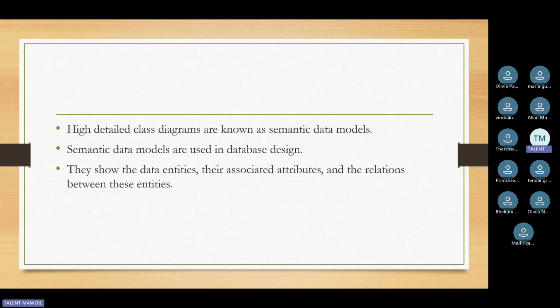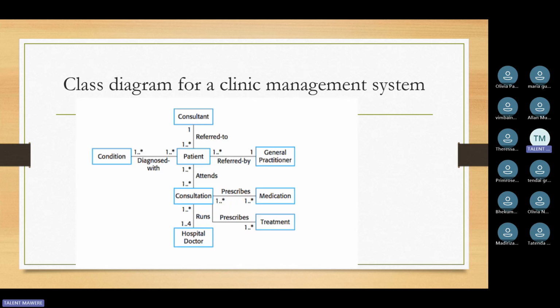They are used primarily in database design. Why? They show us entities, their associated attributes, and the relationships between these entities. So class diagrams are mainly used to construct a database, the database tables that should be in our database.